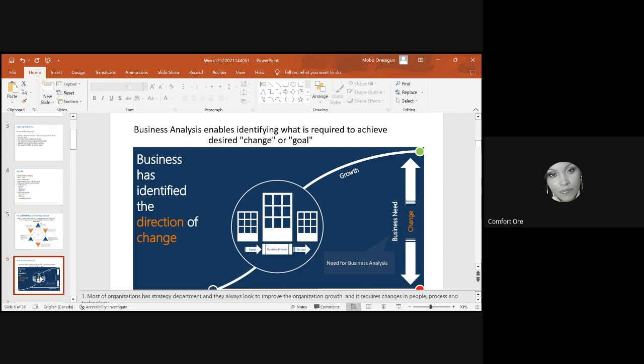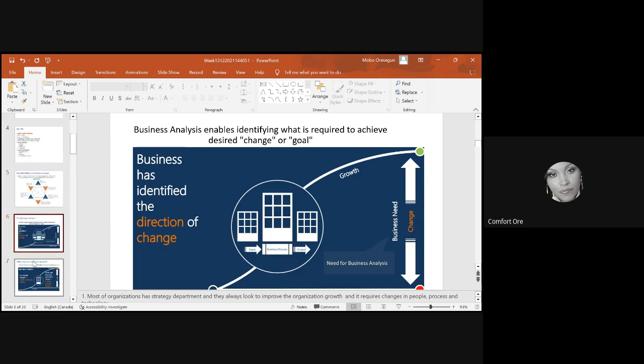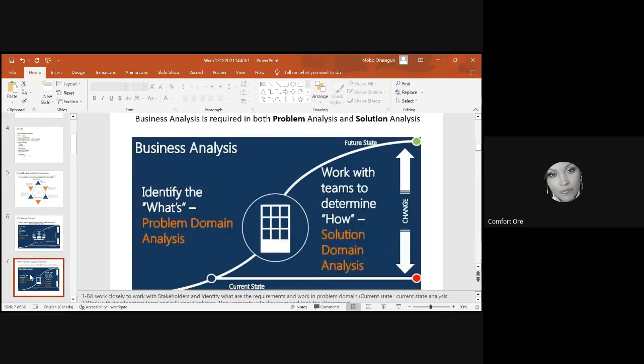If they could prefer a solution to a problem that they were facing by looking inside the box, they won't need you as a business analyst. But you have to be able to think outside the box. So that's what you need, first off, as a business analyst.